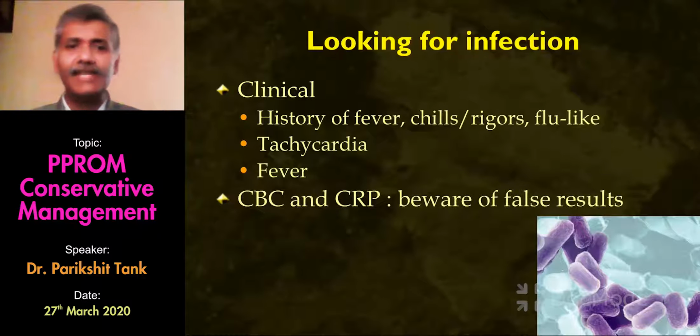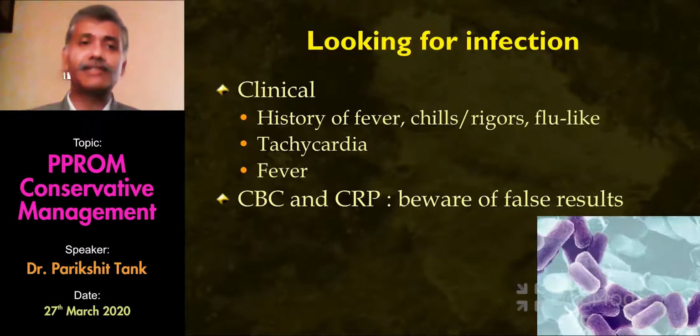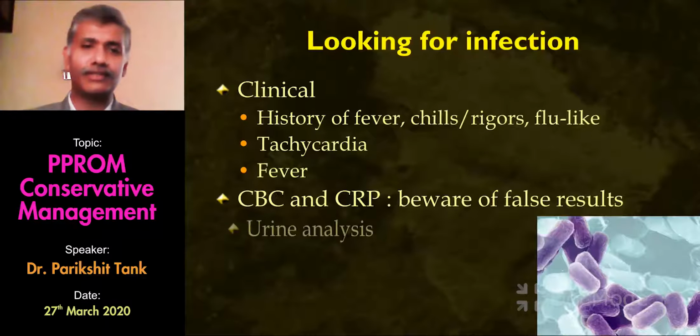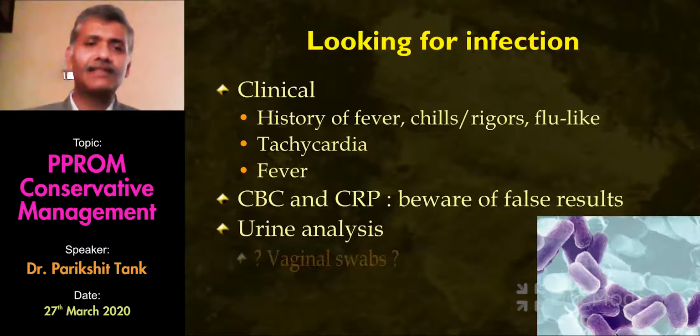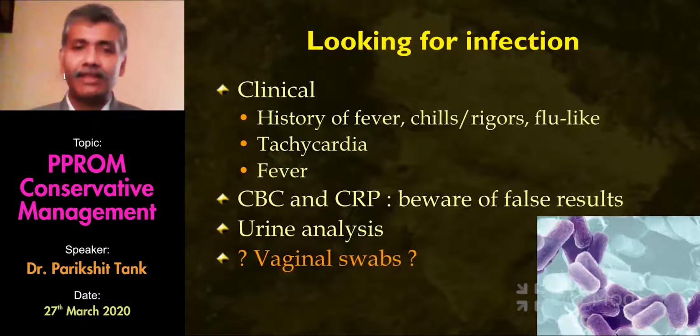The CBC and the CRP will be raised when there is infection, but there could be false results because pregnancy itself induces leukocytosis. The urine analysis should be done. Whether taking a high vaginal swab in this situation is useful or not is something that's quite controversial.